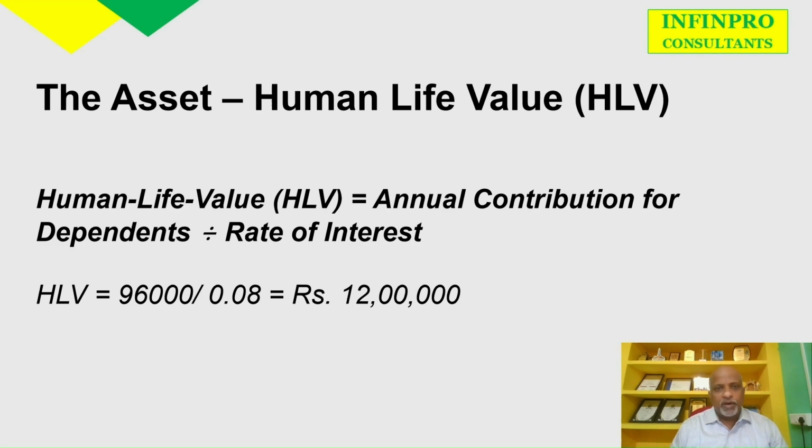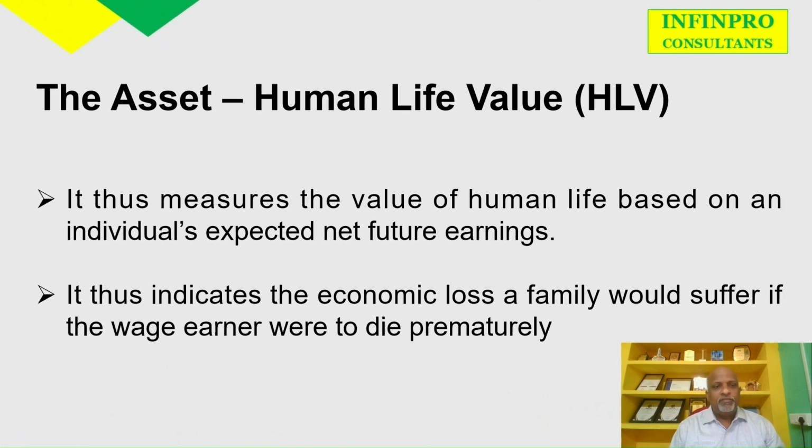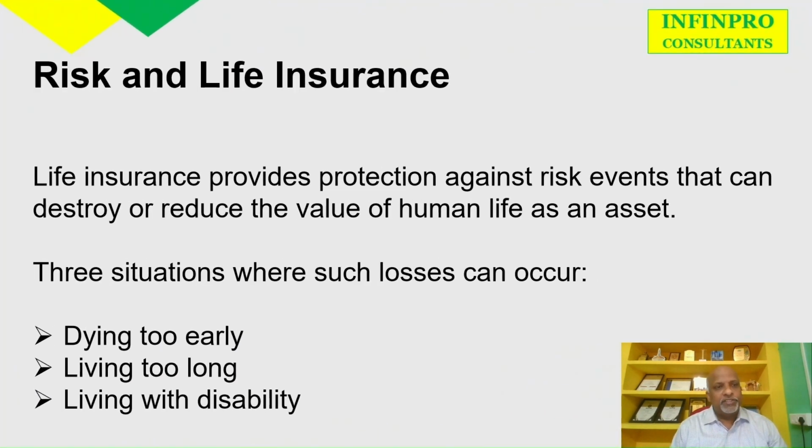So this is how you arrive at a human life value. Using this method, once the individual takes up the right life cover, the family will be protected, and the economic loss will be taken care of in case there is an uncertain death of the individual. So this is the human life value calculation for you.